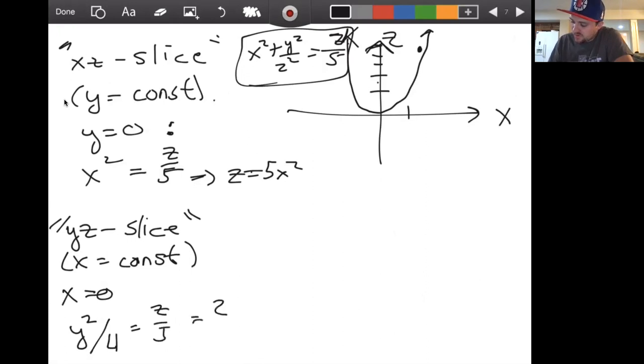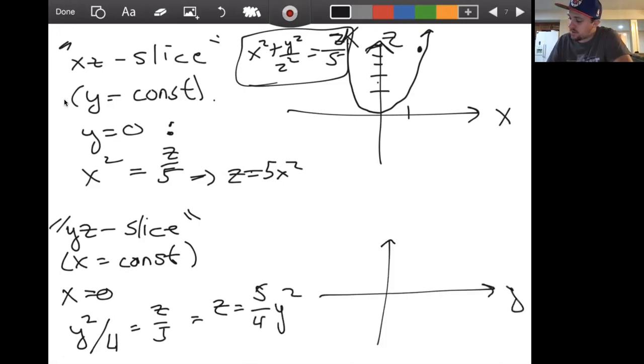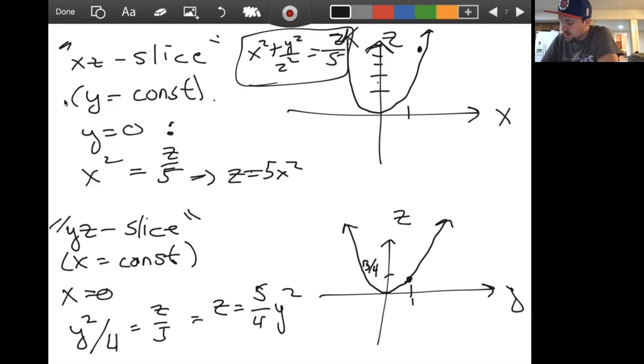And it looks like we'll have z is equal to 5/4 y squared, which is another parabola. It has a different pitch, or slope of the opening is different. It's almost 1 and 1, but 1 goes to 5/4. And this is in the yz plane.